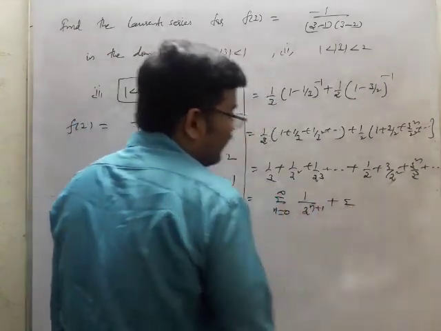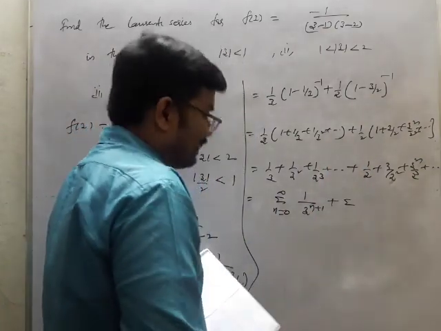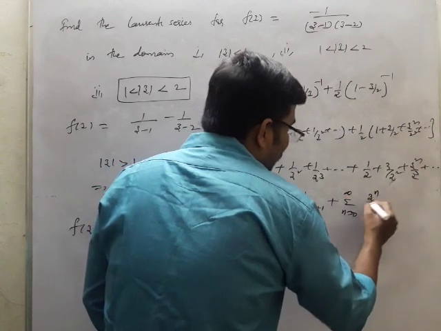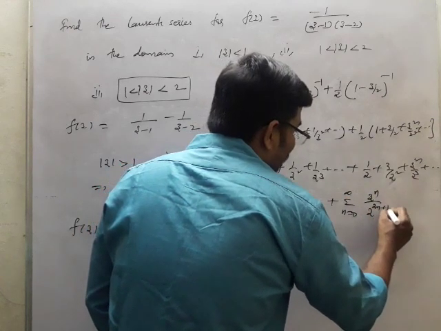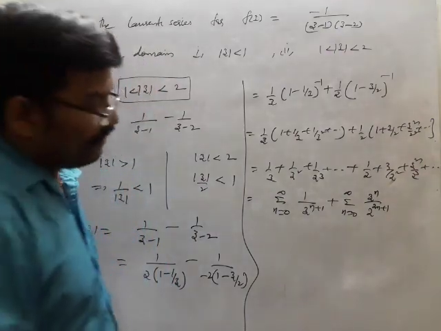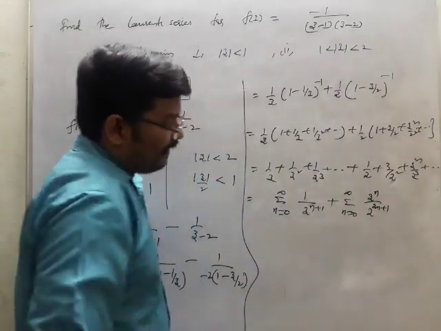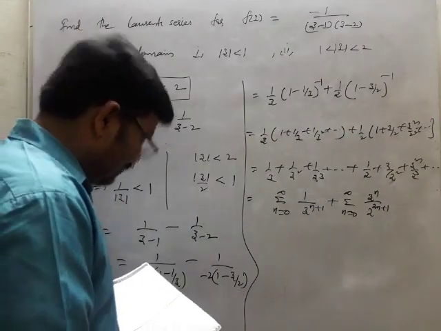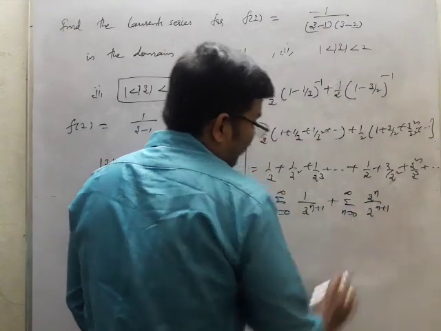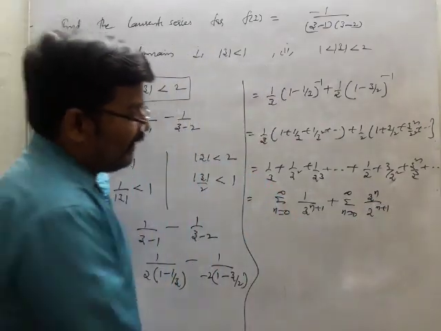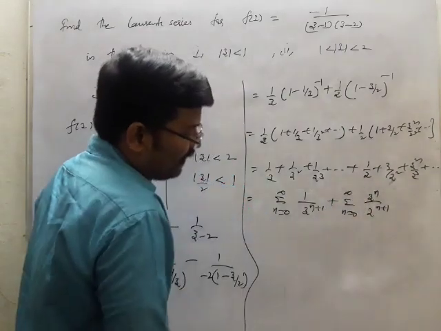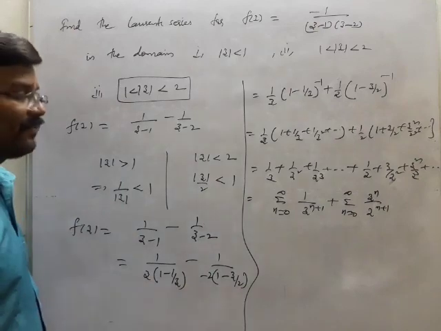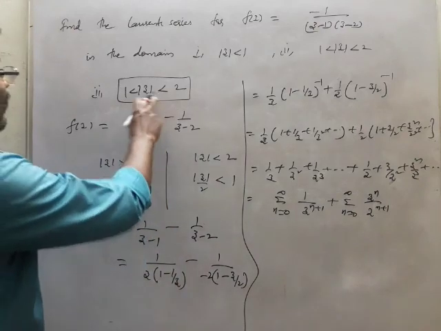Plus summation n equal to 0 to infinity of z power n by 2 power n plus 1, which is better. N equal to 0 you get 1 by 2, n equal to 1 you get the next term, and so on. This is how the expansion is done for the second one.